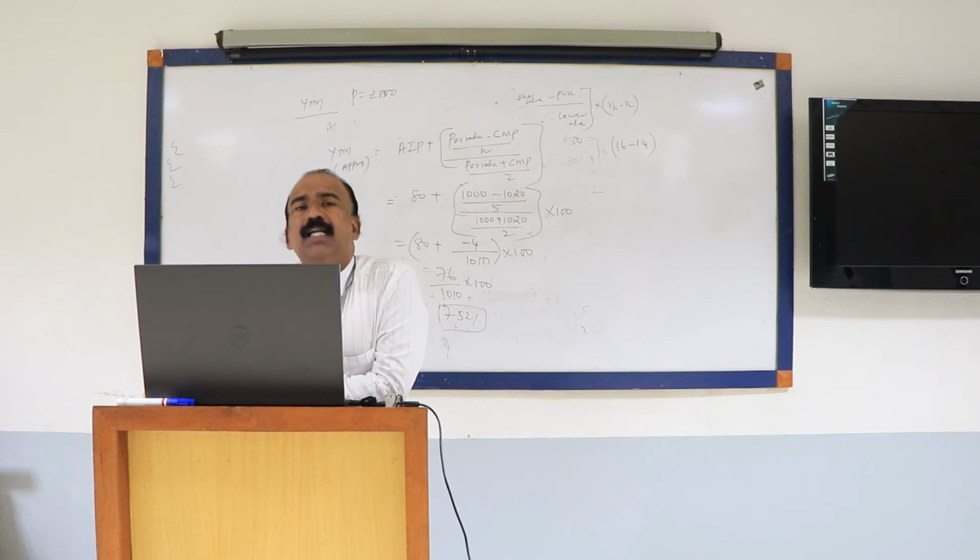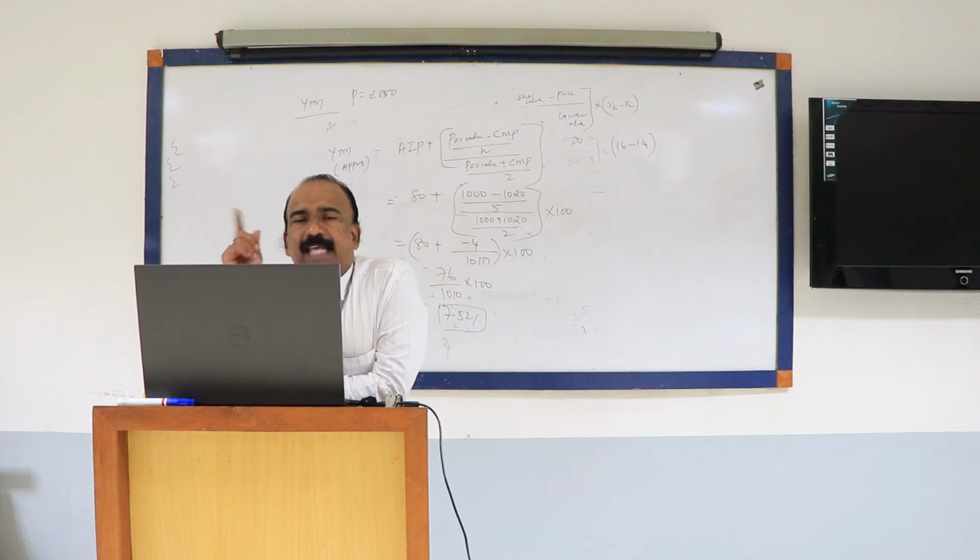That means what will be the realized YTM? Because he is going to reinvest the 80 rupees he is receiving today in some other bonds, and that bond gives him 7% interest, not 7.51%.